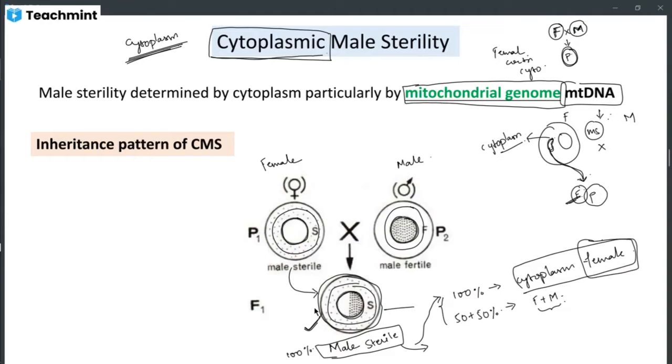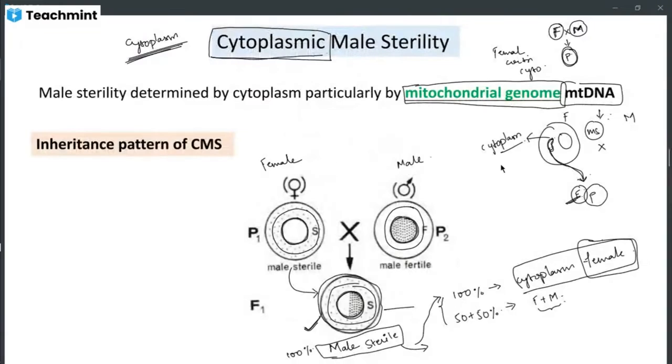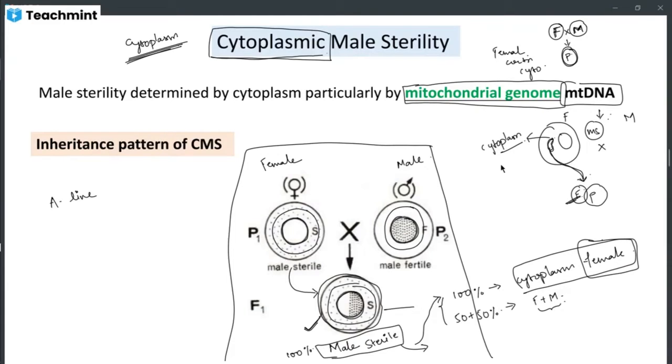Okay, now we just saw the inheritance pattern of your cytoplasmic male sterility. There are different lines to designate in male sterility. One is known as your A line, and the second is your B line.